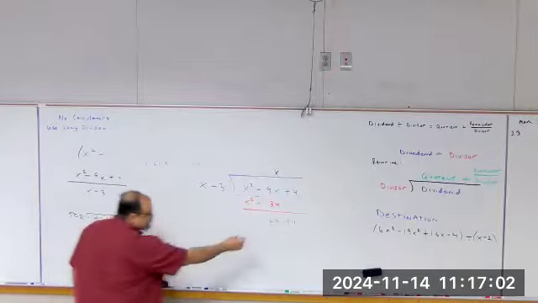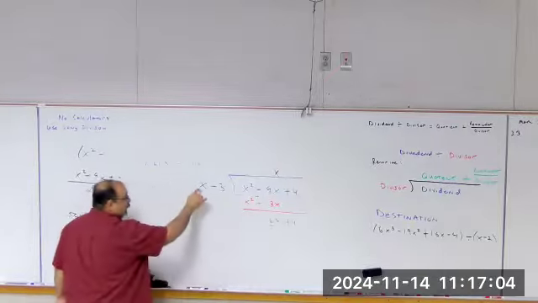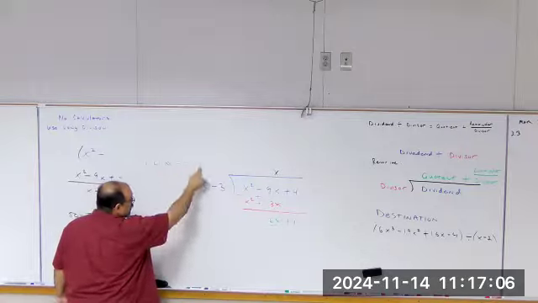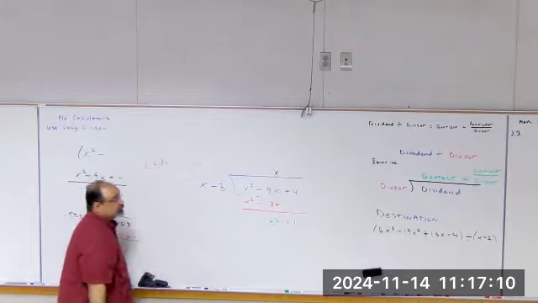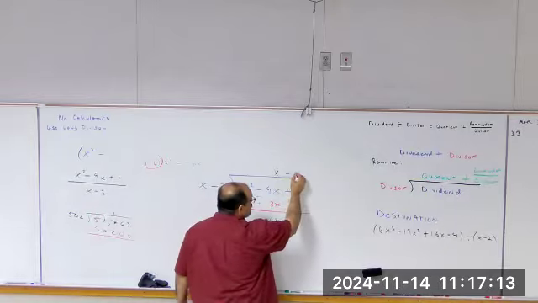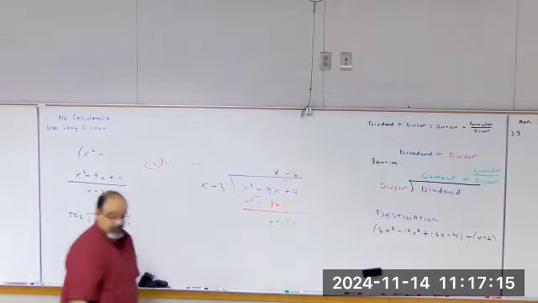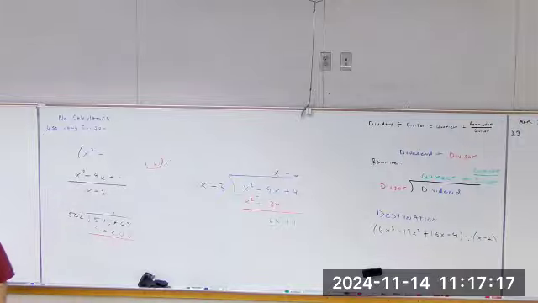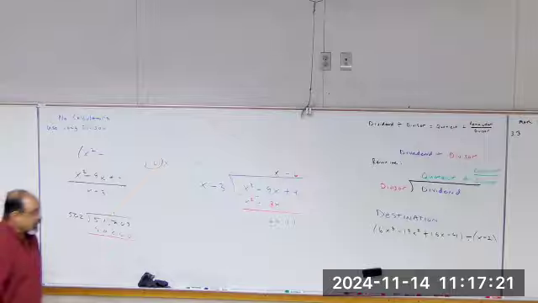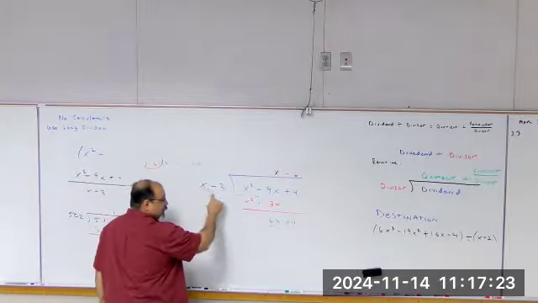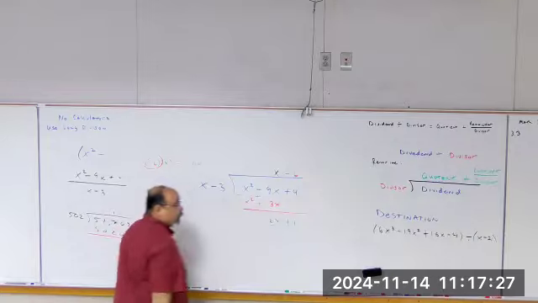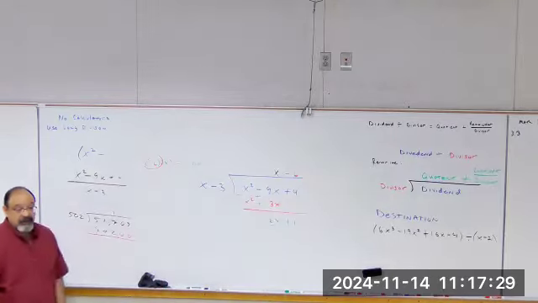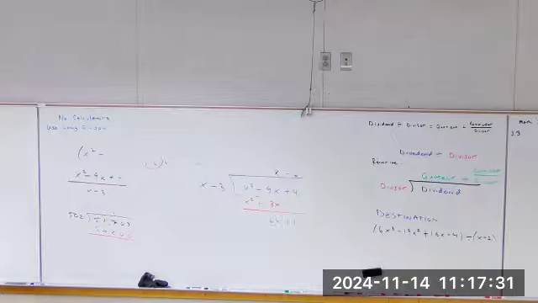I want to make this negative 6x. I have an x. So what times this x makes this? That's going to be my next term. Need a negative 6. And all you look at is the first term here and that first term there. The negative 3 and the 4 don't matter. They will be taken care of when you multiply.